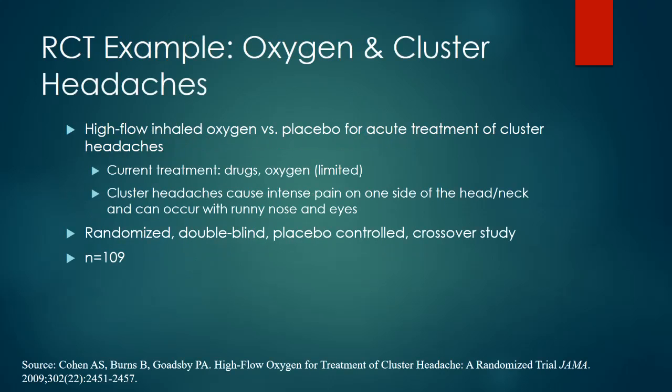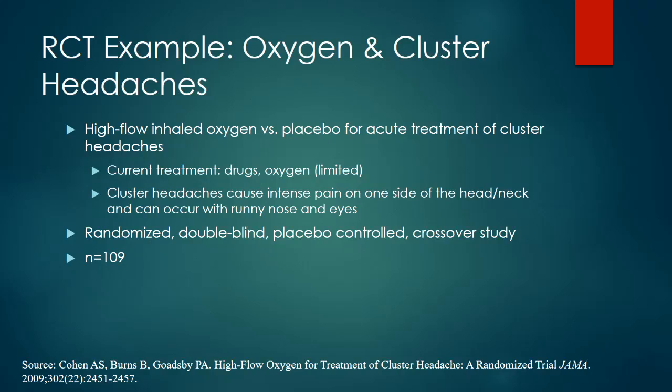So here's an example of a randomized trial. This one was looking at whether oxygen helps with preventing pain associated with cluster headaches. So cluster headaches are really intensely painful headaches that occur on one side of the head or neck and can have other symptoms like runny nose and runny eyes.